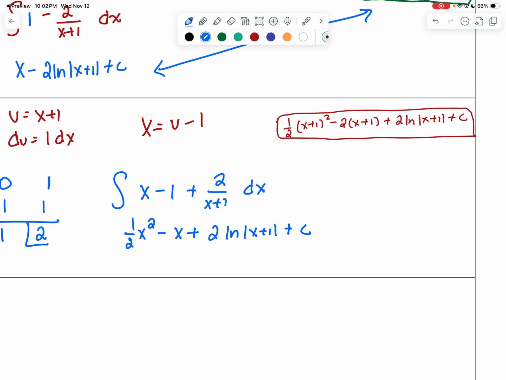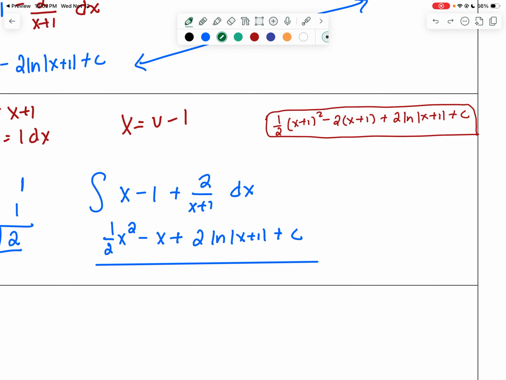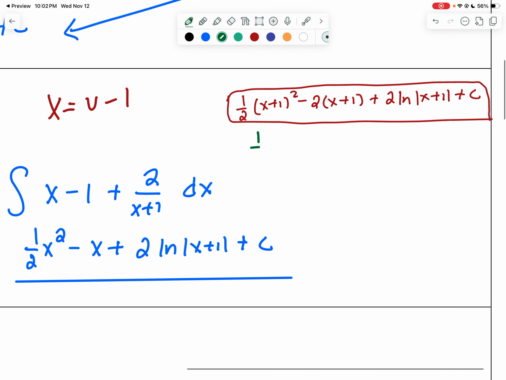And you're thinking, how does this right here, which only has 1, 2, 3, 4 terms, is the same thing as this right here? I know. Crazy. Now, I'm going to expand this so that we can understand what's happening.